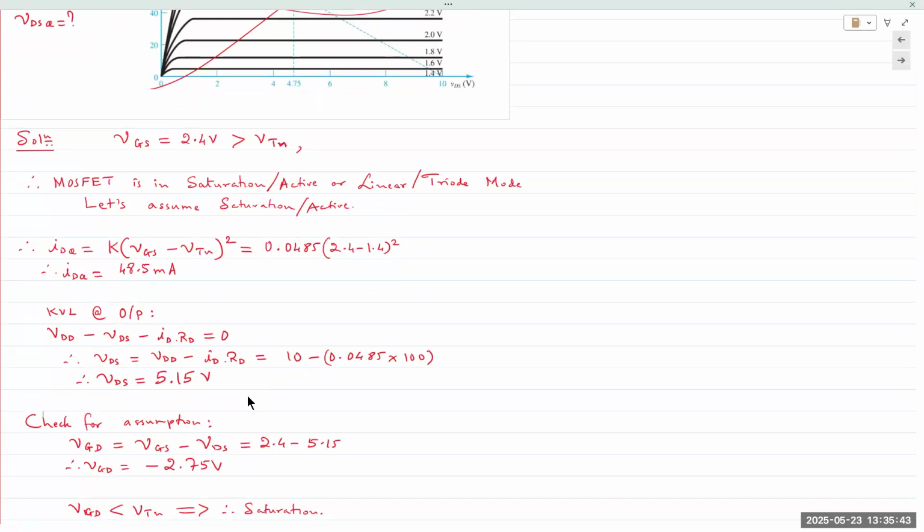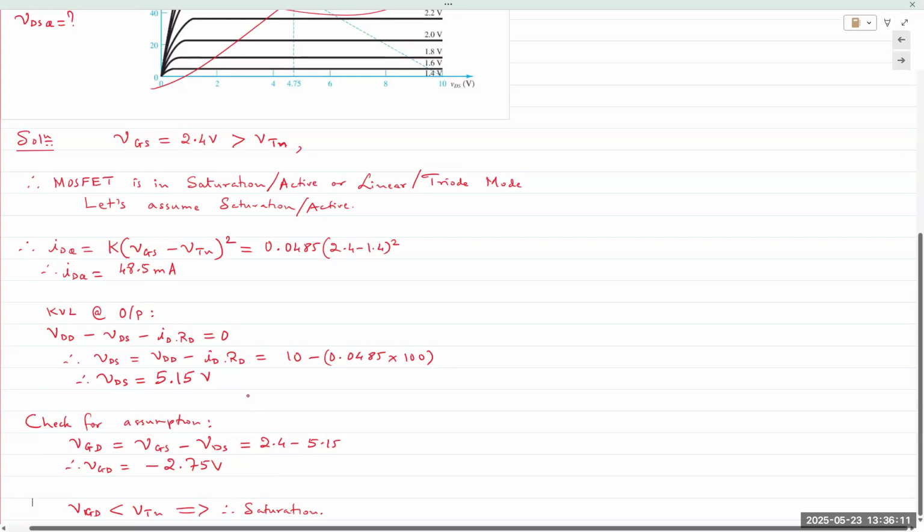All right, so once we have both those values, we need to verify whether our assumption is correct or valid. We assumed saturation mode at the beginning of our analysis. So at the end of our analysis, we need to verify whether our assumption is correct or not. To do that, we check whether VGD is greater than or less than the threshold voltage. The VGD in this case would be 2.4 minus 5.15, which gives us a negative value, minus 2.75, which is less than the threshold voltage.